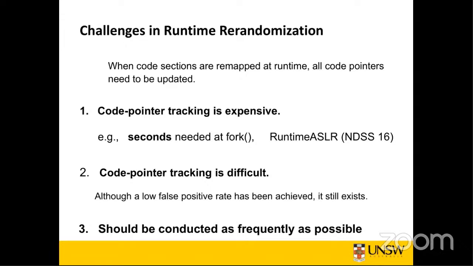Secondly, code pointer checking is difficult. Although a low false positive rate has been achieved, it's still very hard to avoid. Third, to mitigate information disclosure such as format string vulnerability, runtime randomization should be conducted as frequently as possible. That is, it should be very fast.